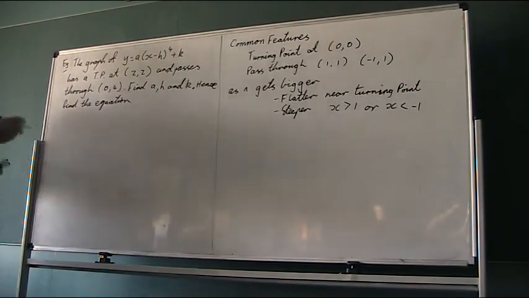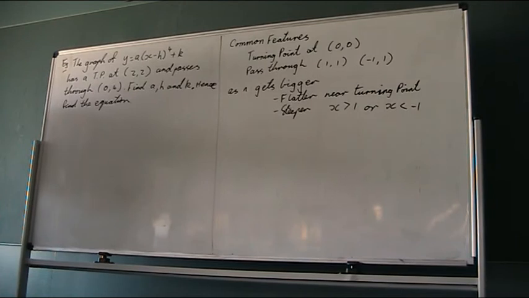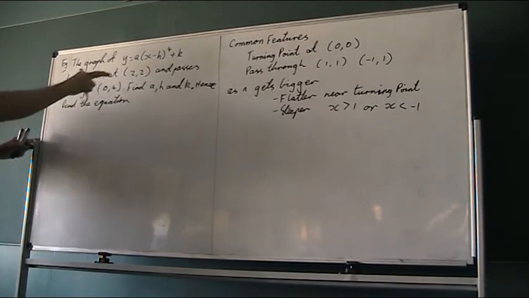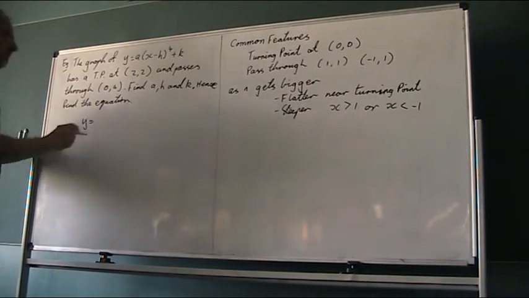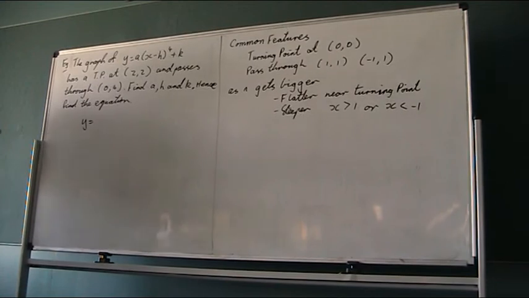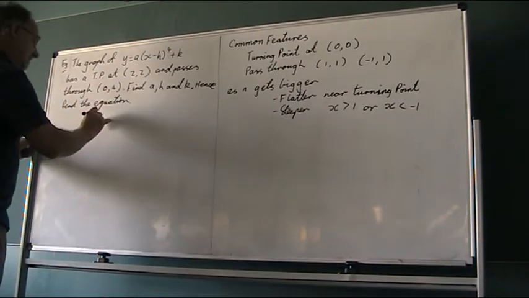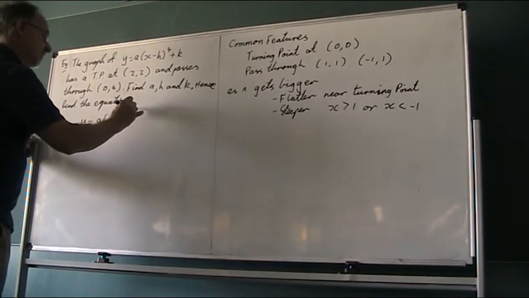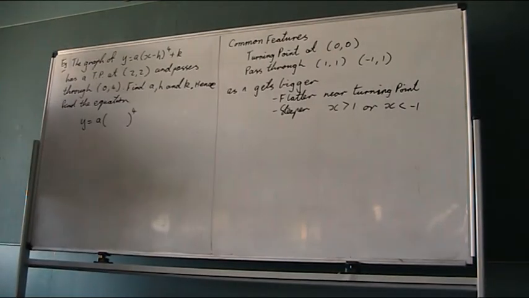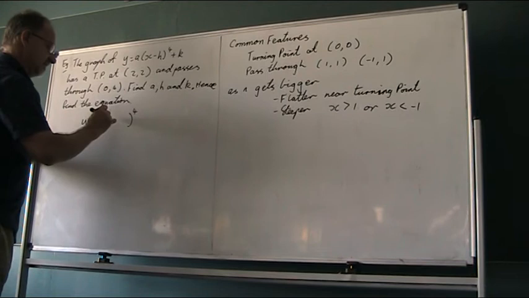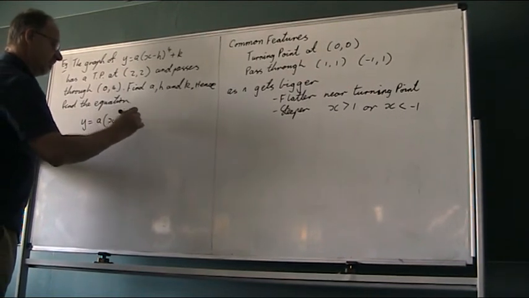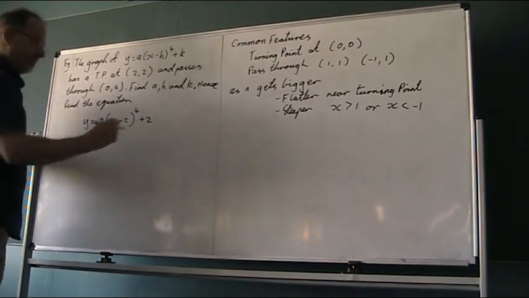Alright, so if my turning point's at 2, 2, that means straight away I can write this equation as what? I don't know the A yet, but what do I know? H and K. So x minus 2 and plus 2.